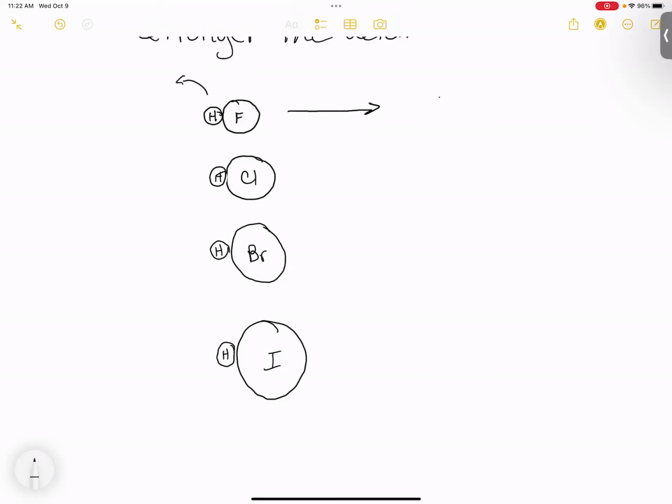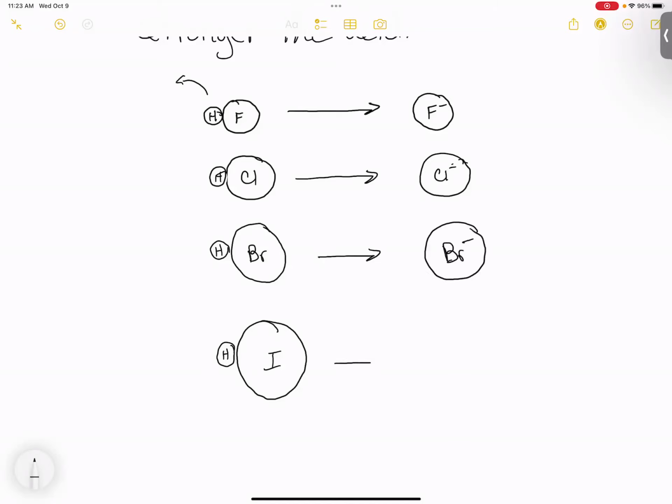Well, you now have a fluorine ion, F minus, compared to a chlorine ion, Cl minus, compared to a bromine ion, Br minus, compared to an iodine ion, I minus.